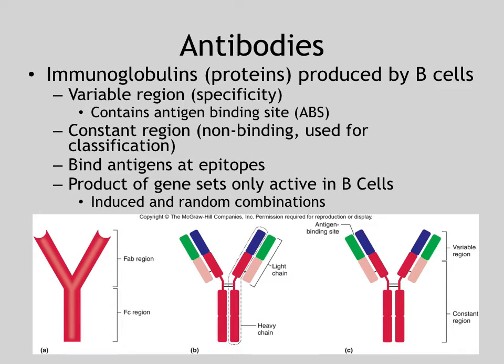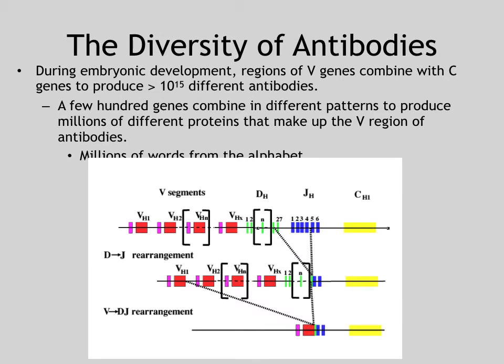The antibodies themselves come from a set of genes that are only found to be active in B cells, which of course is important because B cells are the only ones who produce antibodies. When a B cell is activated, it divides, and one cell becomes a memory cell and the other cell becomes a plasma cell, which is basically just an antibody factory.